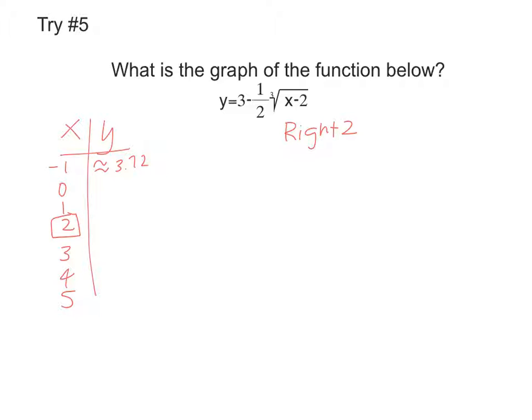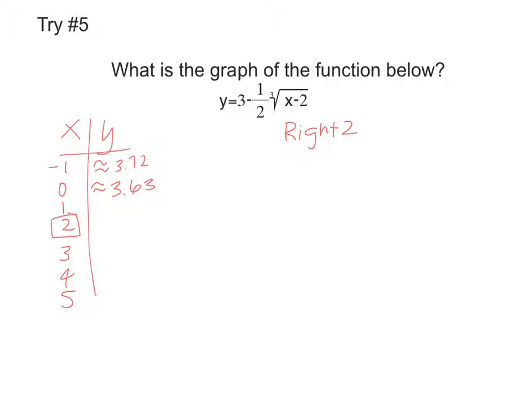So you would type it like this: 3 minus 0.5 cube root of 0 minus 2, which is negative 2. And this one is about 3.63. If I put in 1, that's 3 minus 0.5 times the cube root of 1 minus 2, which is going to be negative 1.